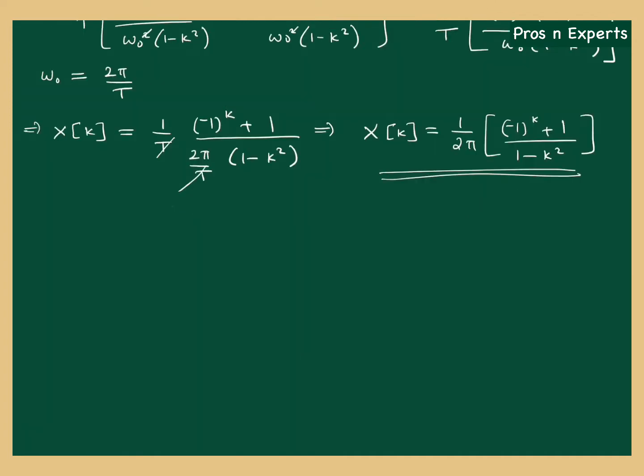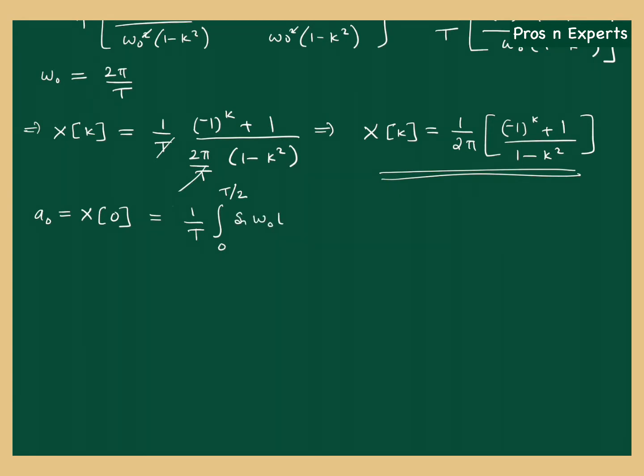Now one more term is to be found out. It is the DC component or 0th harmonic, or we can denote it as A0 or X of 0. We call it DC component. It is obtained by the equation 1 by T integral over one time period 0 to T actually, but in this question it is only up to T by 2. The signal after T by 2 to T is 0, so 0 to T by 2 integral, then x of t dt.